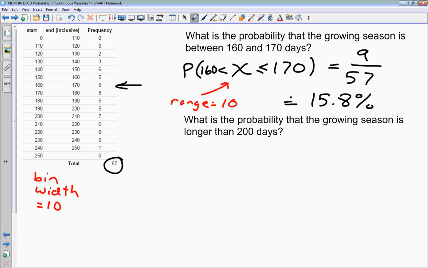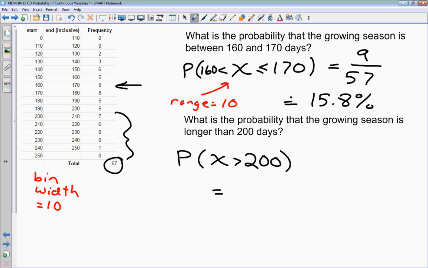So what is the probability that the growing season is going to be longer than 200 days? So to write that in terms of probability, that our variable x is going to be greater than 200, well, we look at our frequency distribution and we look for all of the ranges that have data which is greater than 200 days. So that's going to be everything from here to the end.